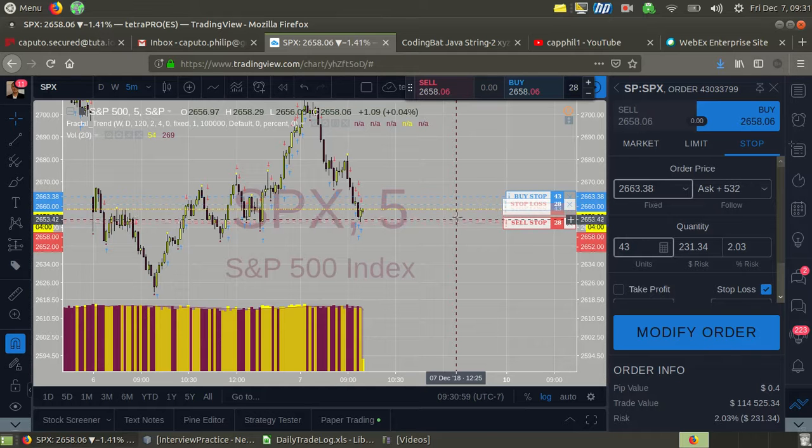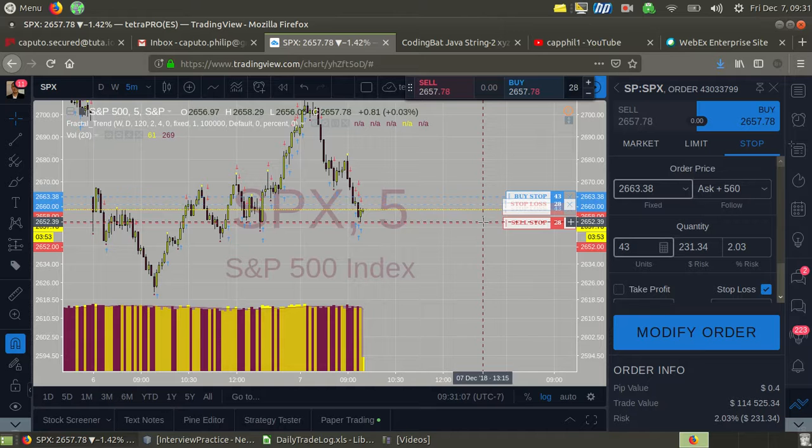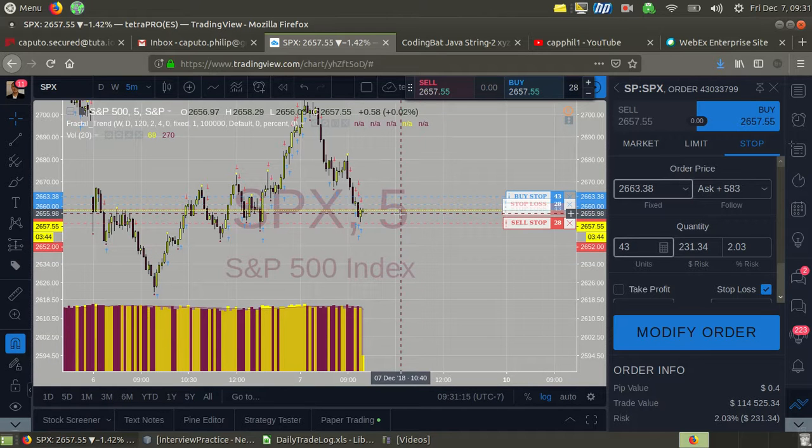If we hold to be a constant 2% per trade, then the difference between the entry and the stop will dictate how many shares to trade to make a 2% per trade number.